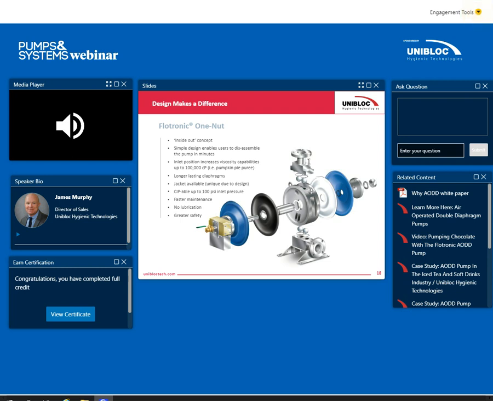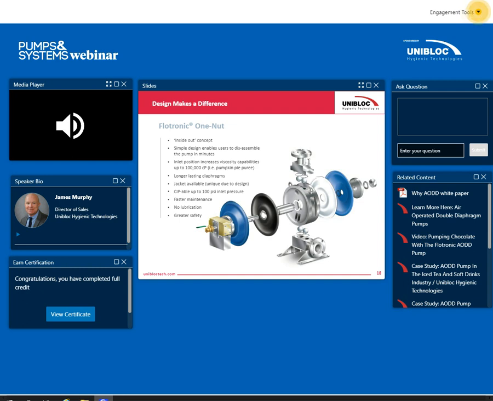So this design enables people to, number one, clean in place up to 100 PSI. Number two, take it apart very, very easily. Some of the production folks like to say it's so easy, even a sales guy can do it. And number three, you can work on your air motor without ever having to take the entire pump apart.